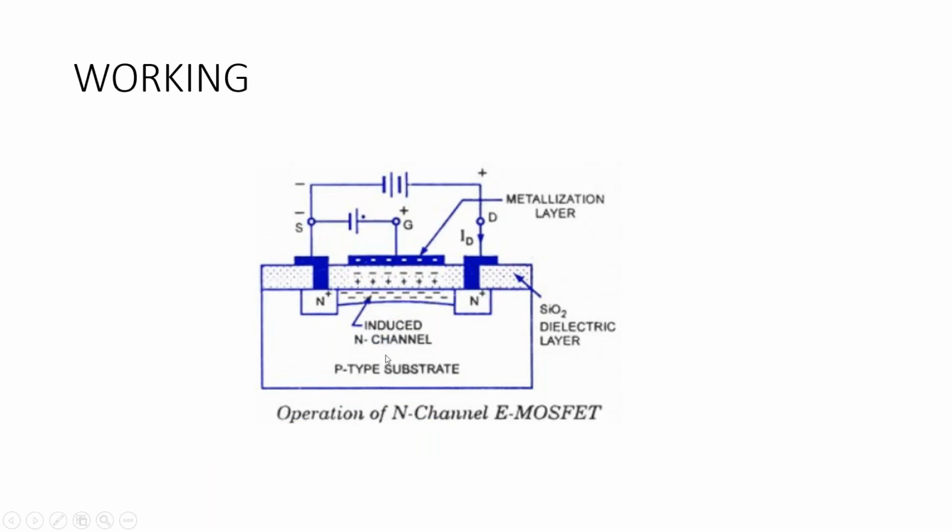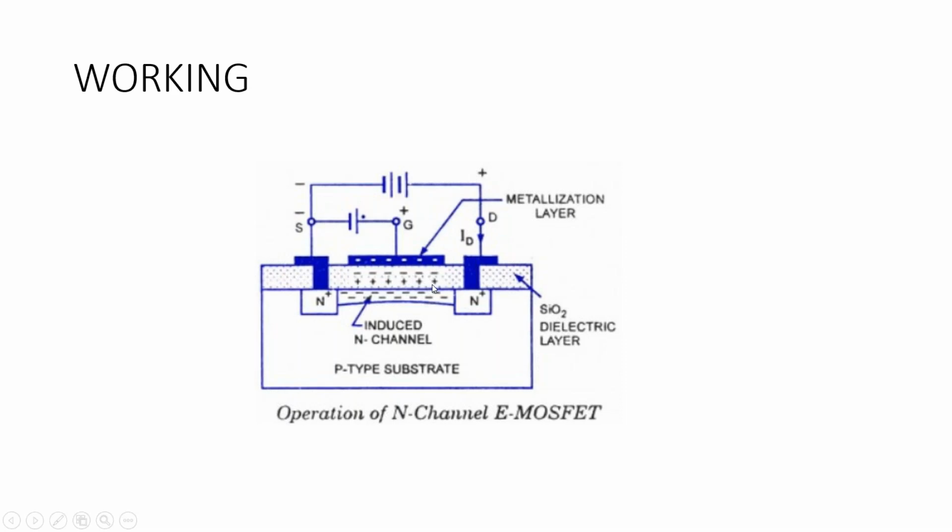This is the working diagram of the enhancement MOSFET. Here we have to induce an N-channel. The N-channel is not there in the beginning, but by making the gate voltage more positive, the N-channel is induced here. When positive voltage is applied at the gate, the minority charge carriers, holes, get repelled, and the majority carriers, that is electrons, get attracted towards the SiO2 layer.